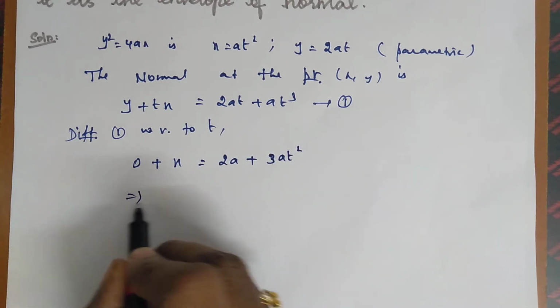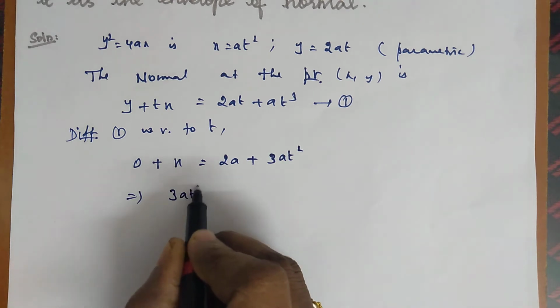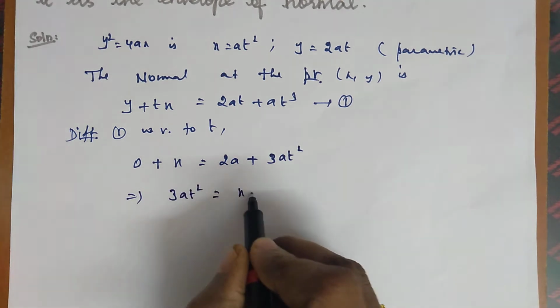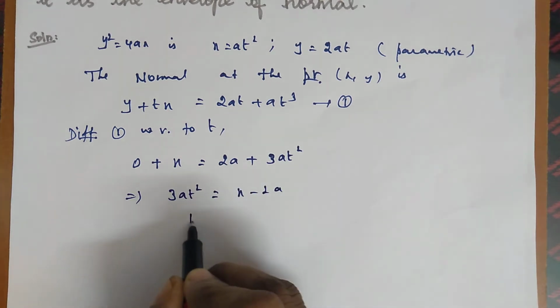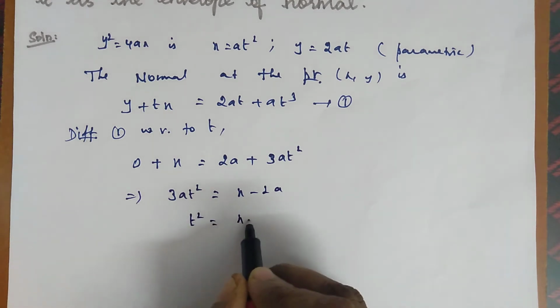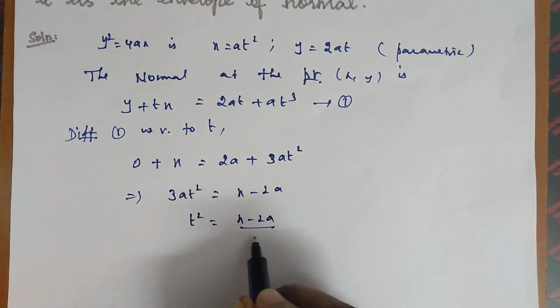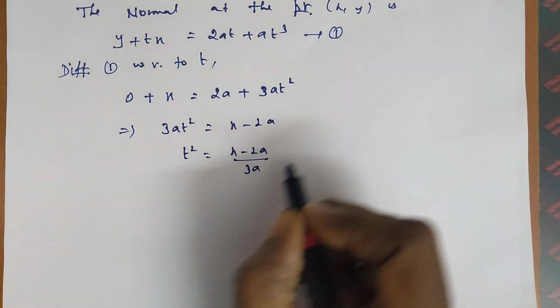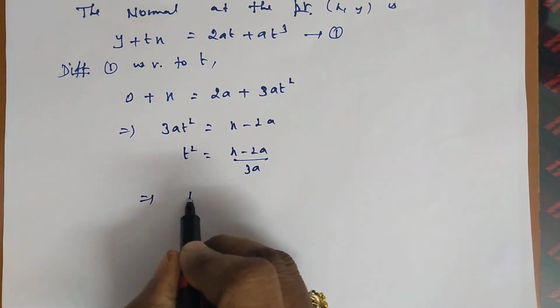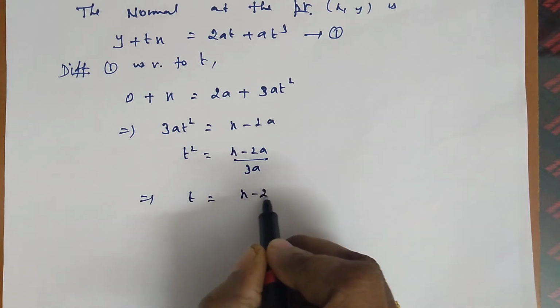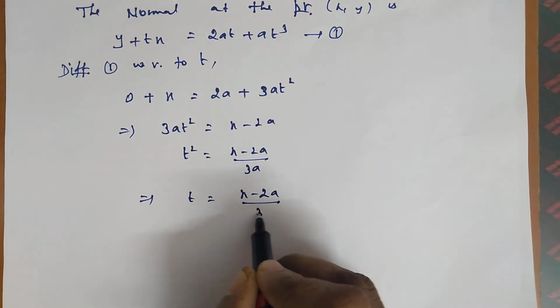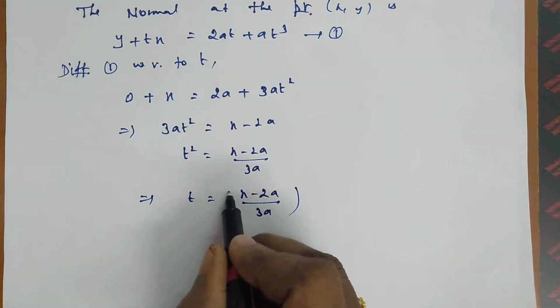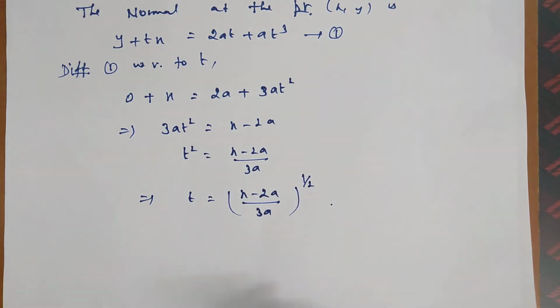So 3at square equal to x minus 2a, t square equal to x minus 2a by 3a, which implies t is equal to x minus 2a by 3a whole power 1 by 2. So this is the value of t.